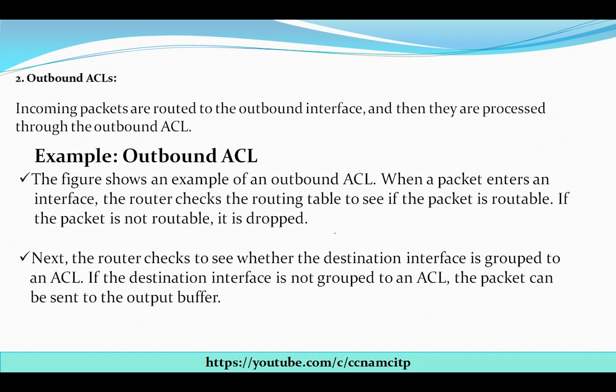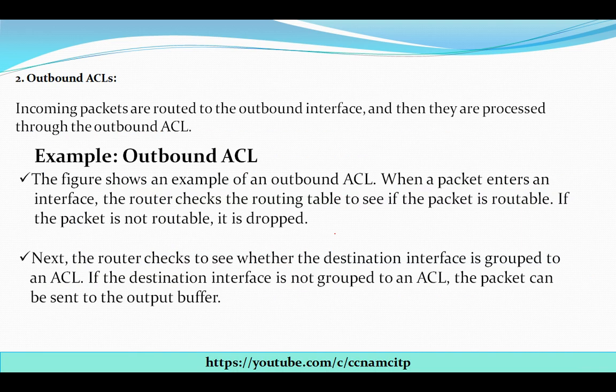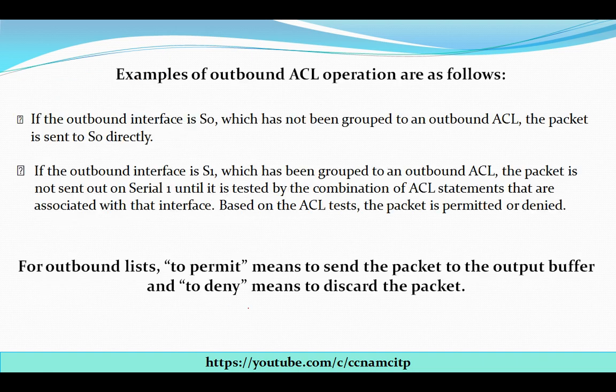As I told you in the previous example also, if a packet enters the router, it will check whether it is routable or not. If not, it will discard it. What will happen next? Next, the router checks to see whether the destination interface is grouped to an ACL. If the destination interface is not grouped to an ACL, the packet can be sent to the output buffer.